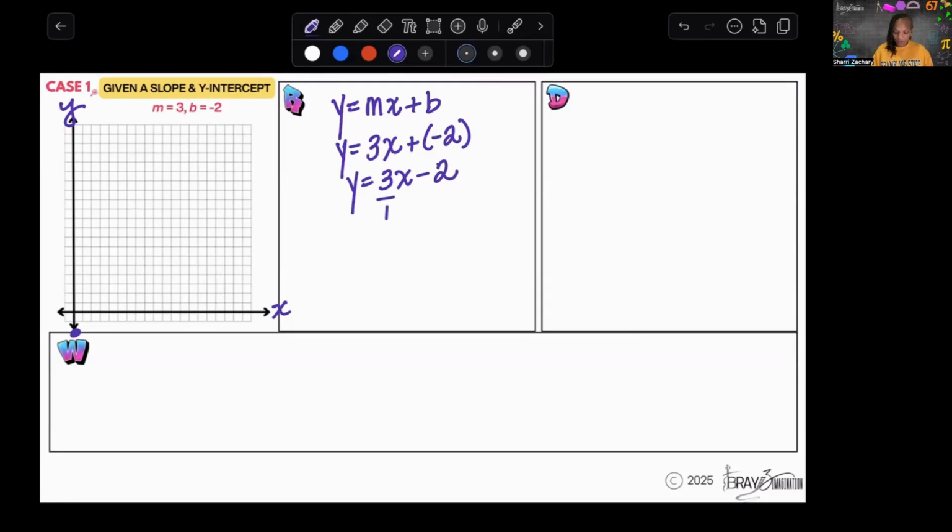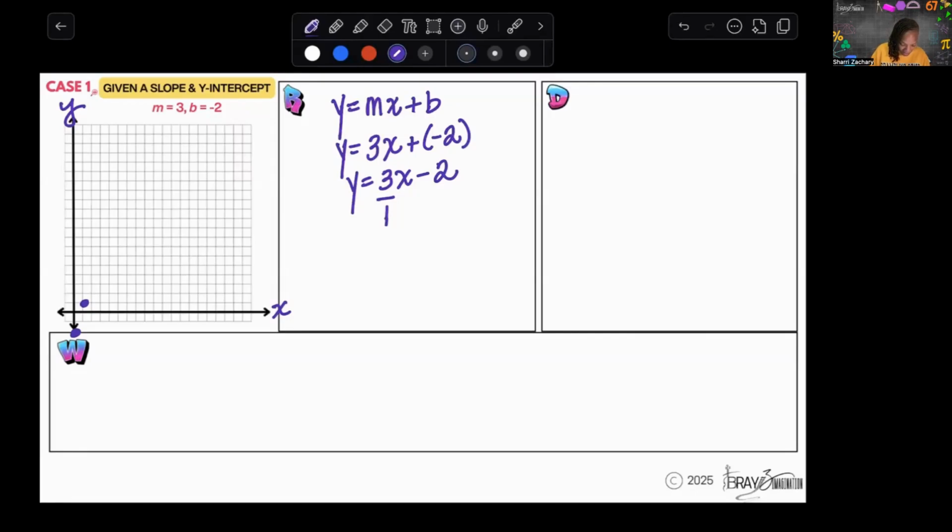If I wanted to write 3 as a ratio of the differences or as a fraction, I would just put it over 1, because any number divided by 1 is the number itself. That's the rule. So I'm going to go up 3 spaces from that point, 1, 2, 3, over 1, and that gives me that second point. I can do that again.